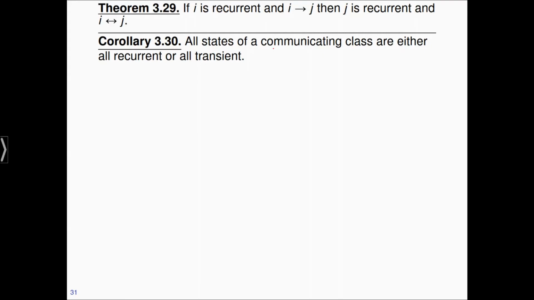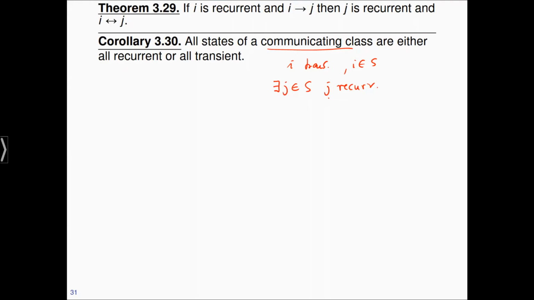How about the case when the communicating class is transient? Well, let's start with the case that I is transient. Then assume that there is a J in the communicating class. Let's call this S, so I in S, and S is a communicating class. And J is recurrent. So assume there are transient and recurrent states in your communicating class.